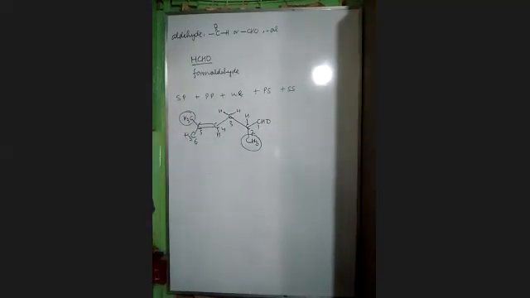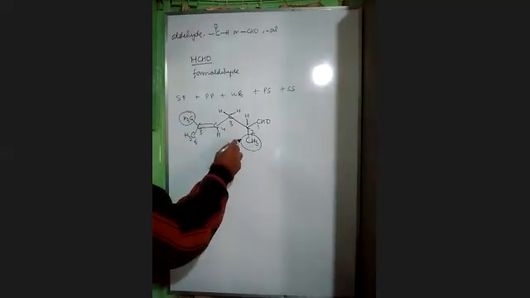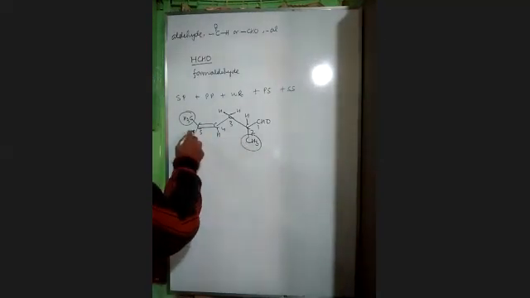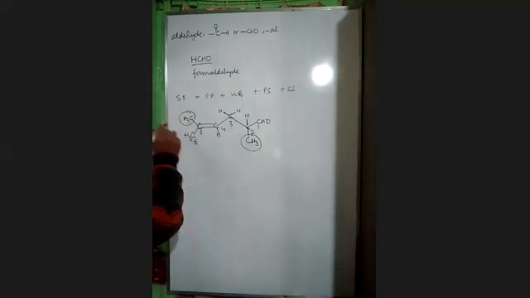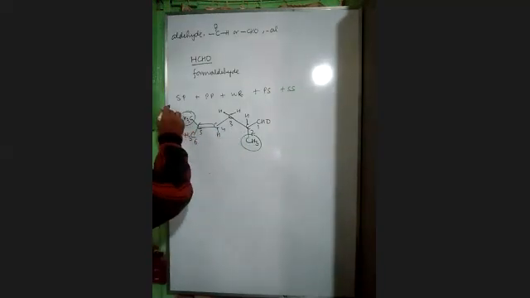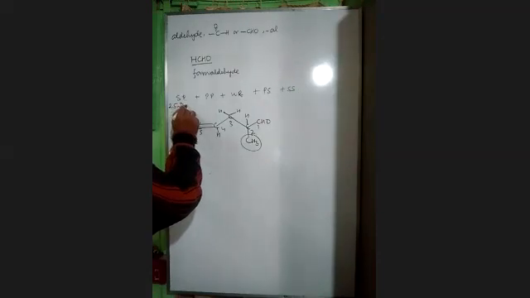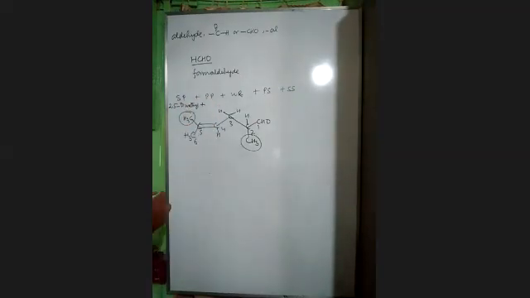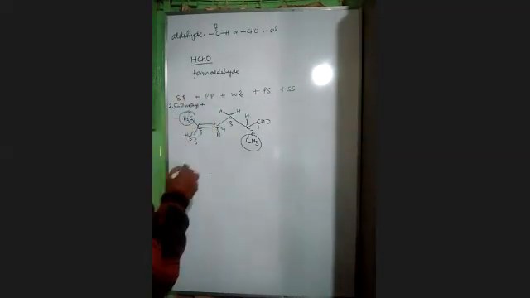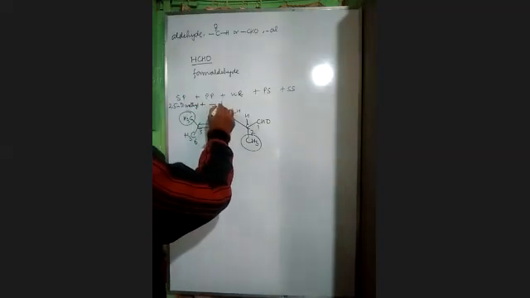So what will be the name? First you write the name of the substitution. How many are there? 2. So it will be 2, 5-dimethyl. Then there is nothing else, it's not cyclic.